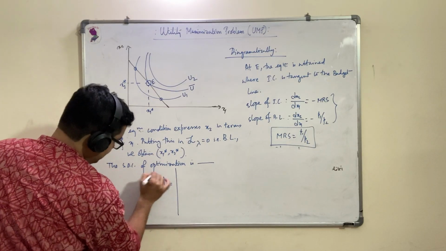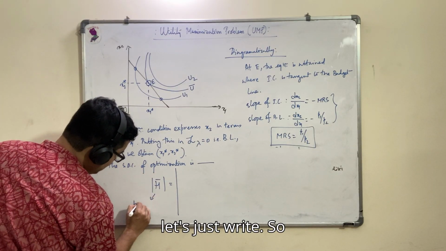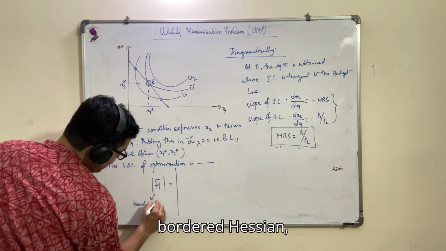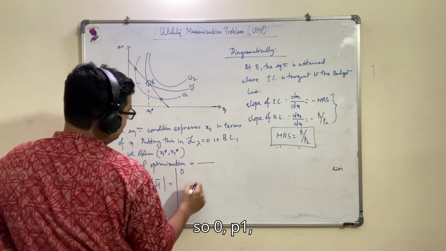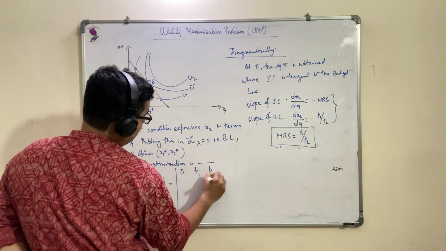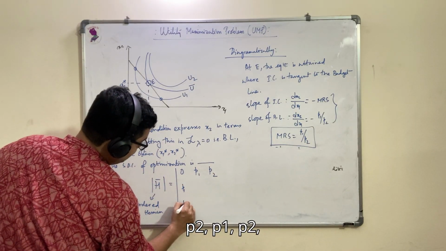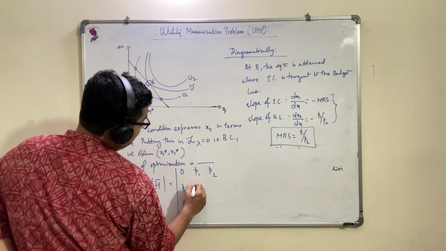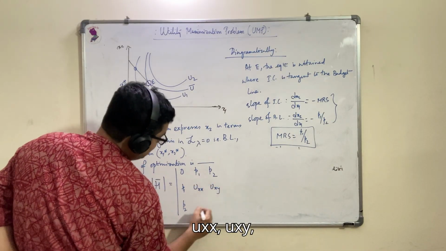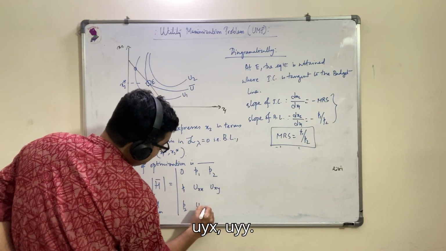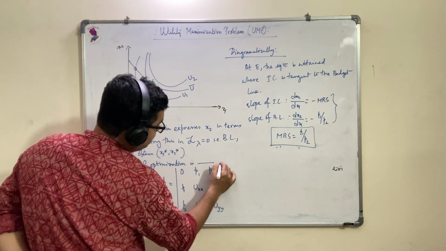Let's just write, so bordered Hessian: 0, P1, P2, P1, P2, UXX, UXY, UYX, UYY.